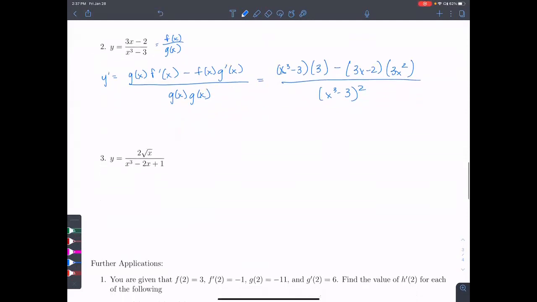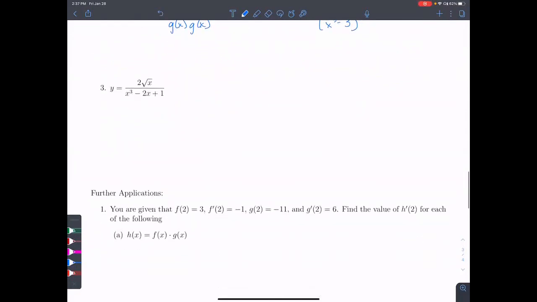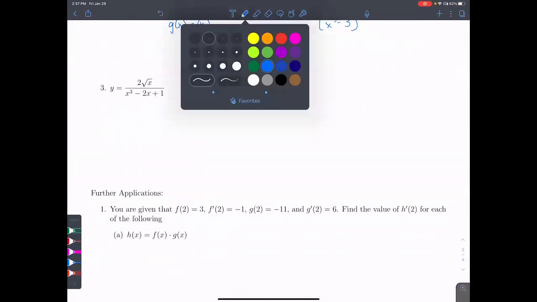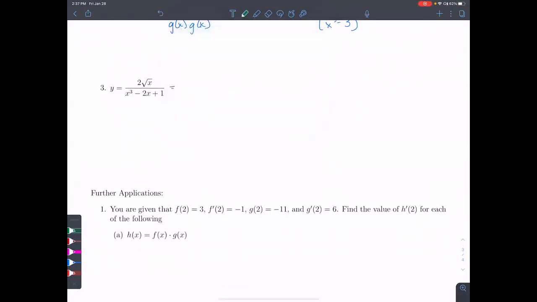Okay, if we keep going, on this one, this is f on the top and g on the bottom. So y prime is going to be g of x times f prime of x, low d high, minus high d low, over low low.